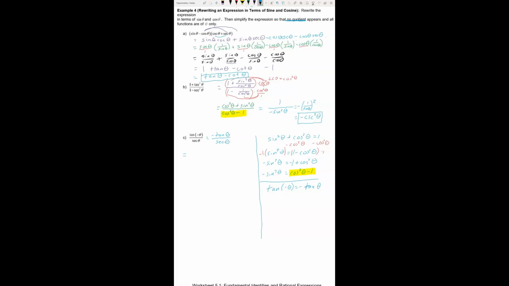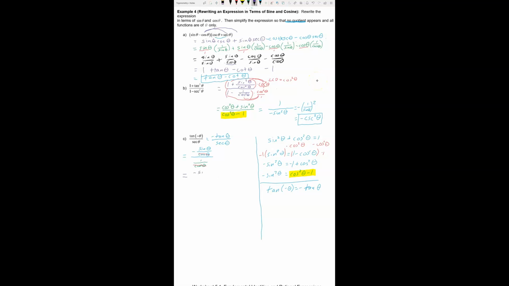Now we are ready to write tangent theta as sine theta divided by cosine theta and secant theta as 1 over cosine theta. Because the fraction in the numerator and the fraction in the denominator have the same denominators, the cosine thetas will cancel. Therefore, we get negative sine theta over 1, or simply negative sine theta.